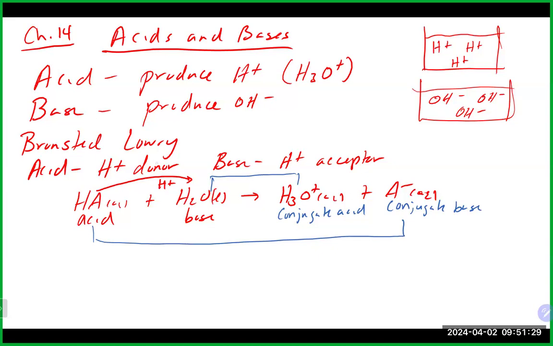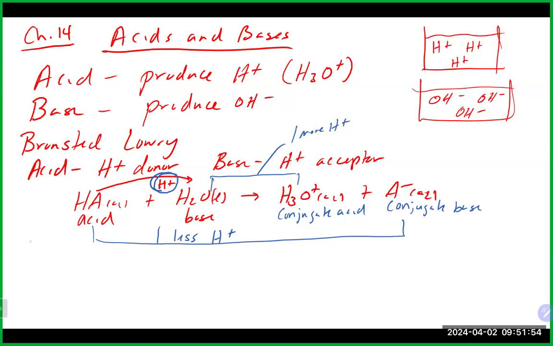And once again, the only difference to make these guys partners is 1 H plus. As we go from the acid to the conjugate base, it has 1 less H plus because it got rid of it. And as we go from the base to the conjugate acid, it has 1 more H plus because it accepted it along the way.